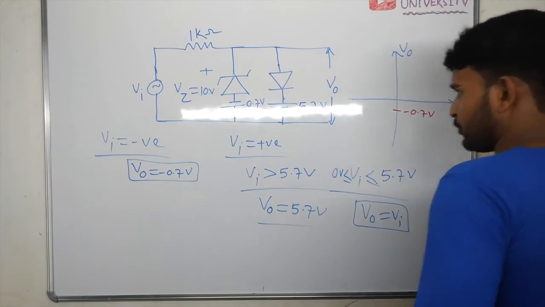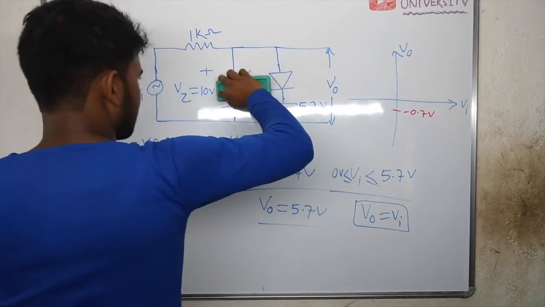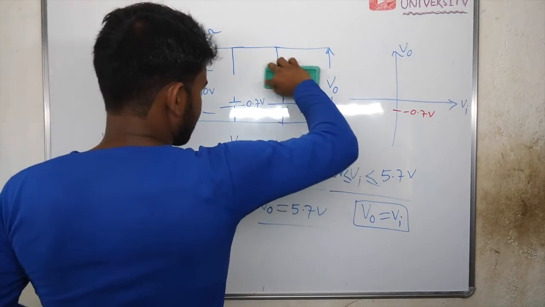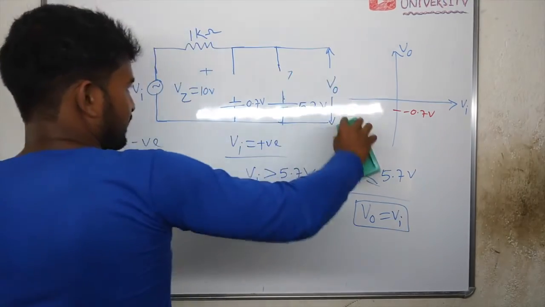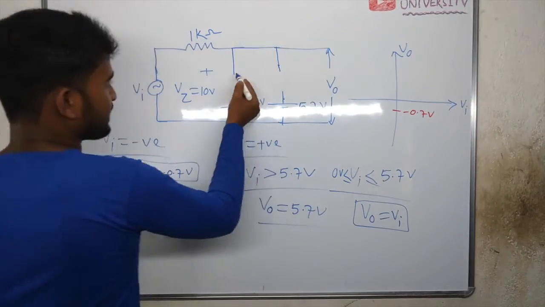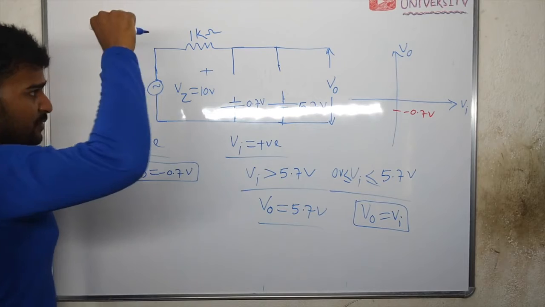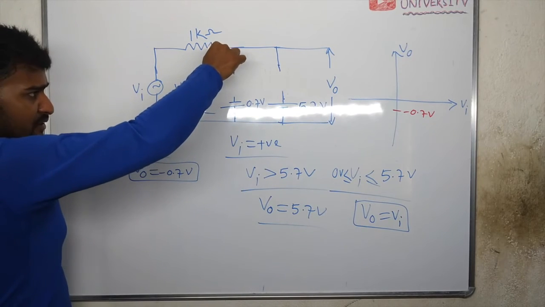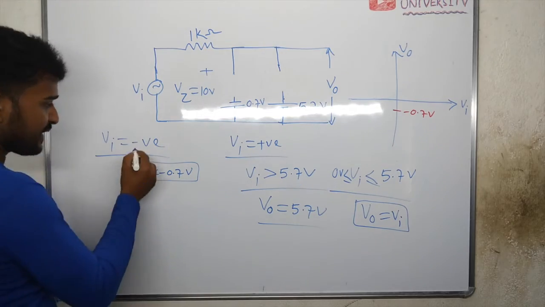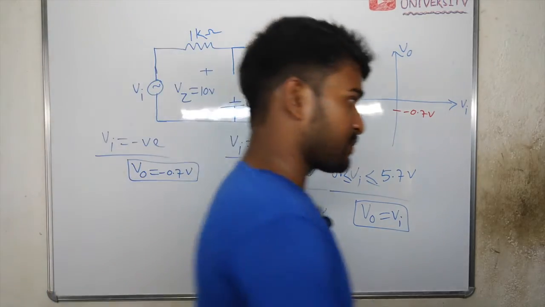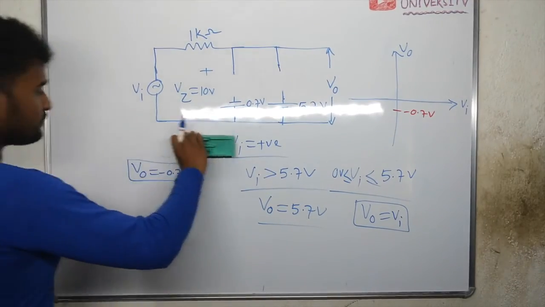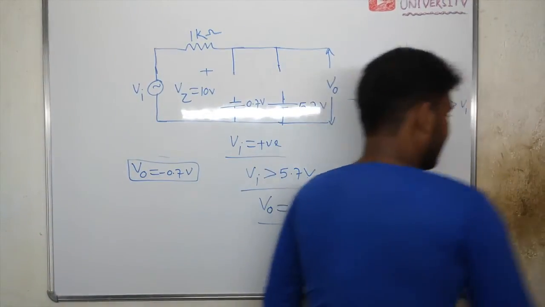Now you need to first do the open circuit test. Then the voltage available at this point is VA. Then this Zener diode will be forward biased if this side voltage is less than this side voltage, that is, if VA is less than minus 0.7, not for all the negative values.